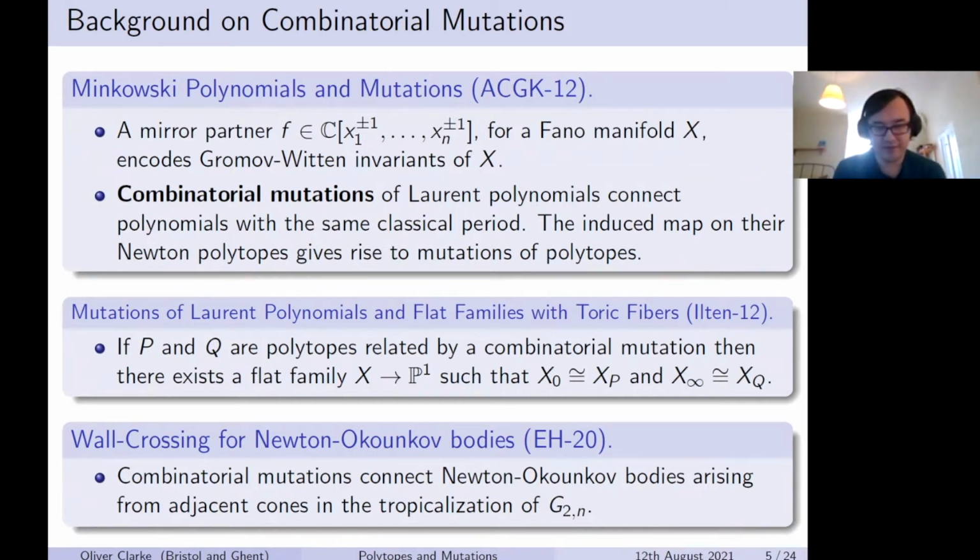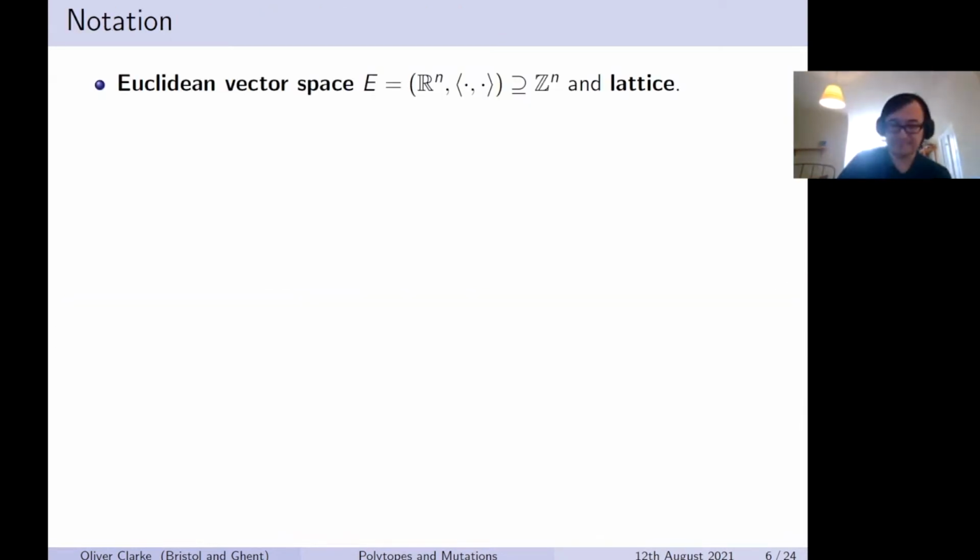So what I'd like to do now is give a description of what these mutations are, and I'll be doing so from the dual side, or on the N lattice side. So what's the setup? We're going to be working in some Euclidean vector space of dimension n, and this has an inner product and a distinguished lattice, which I'll call Z^n.